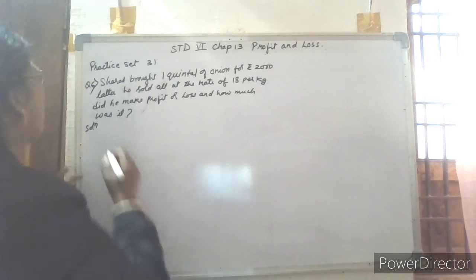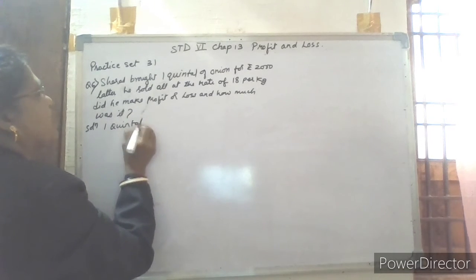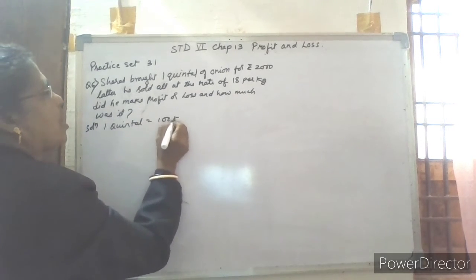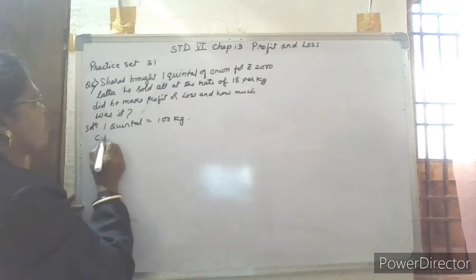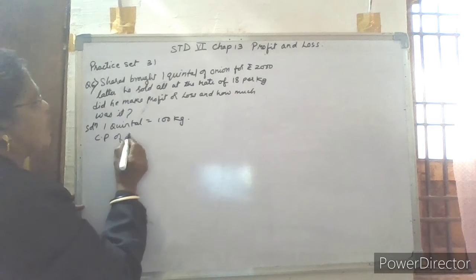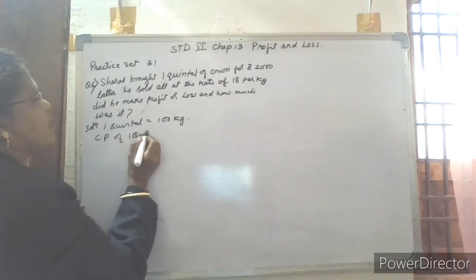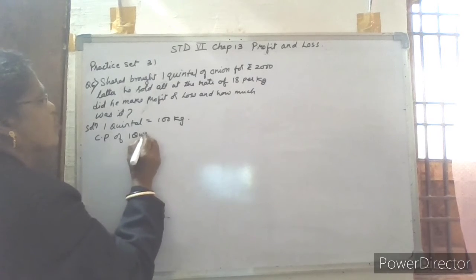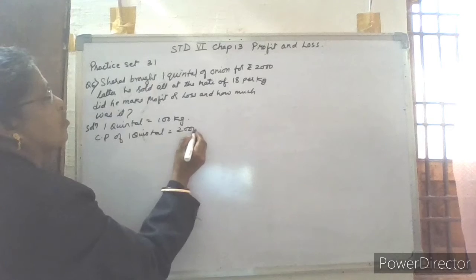So 1 quintal is equal to 100 kg. So the cost price of 1 quintal is 2000 rupees.